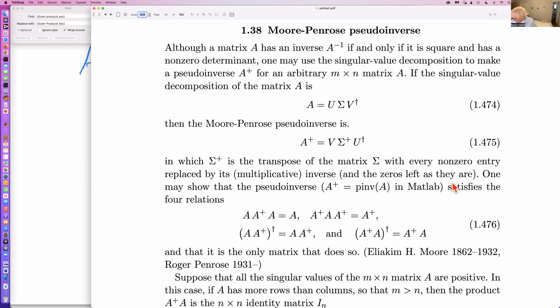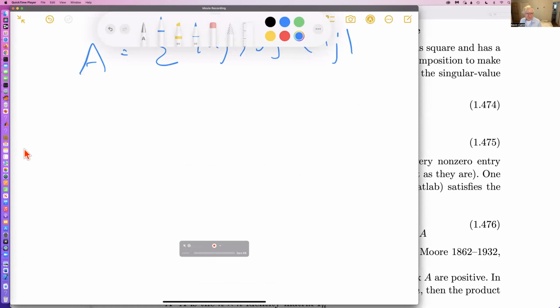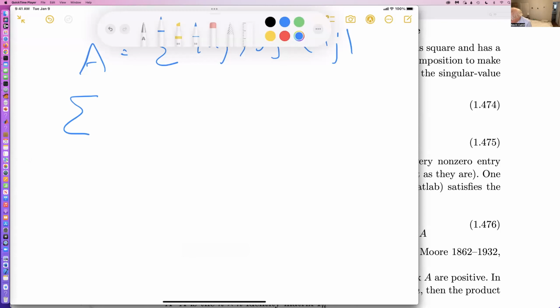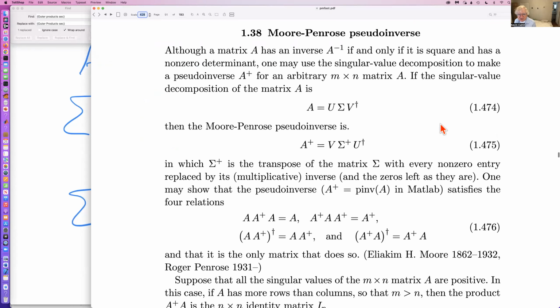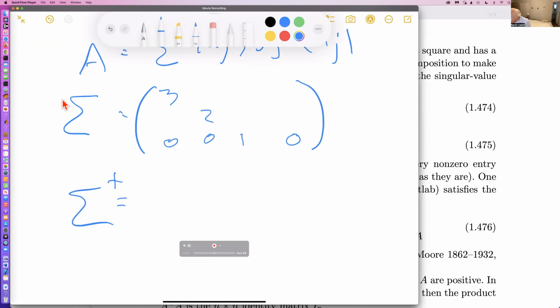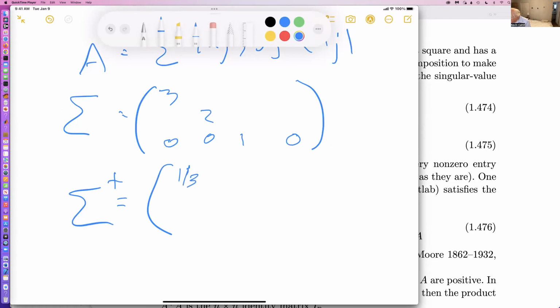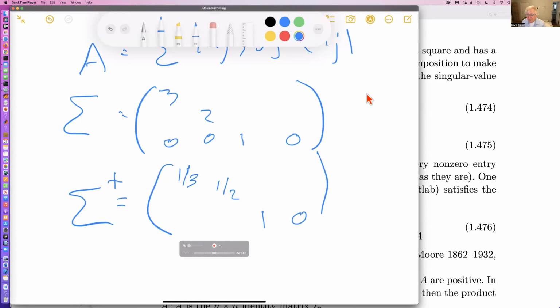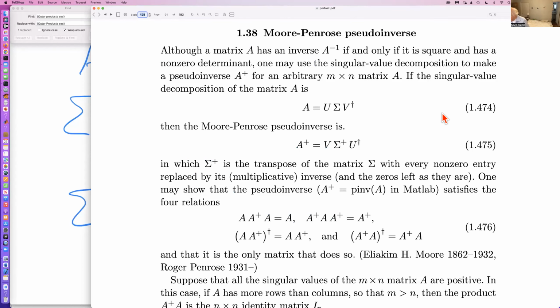So in other words, if sigma is 3, 2, 1, then sigma plus is 1/3, 1/2, 1, 0, and it's the transpose. So in fact, it looks like this.